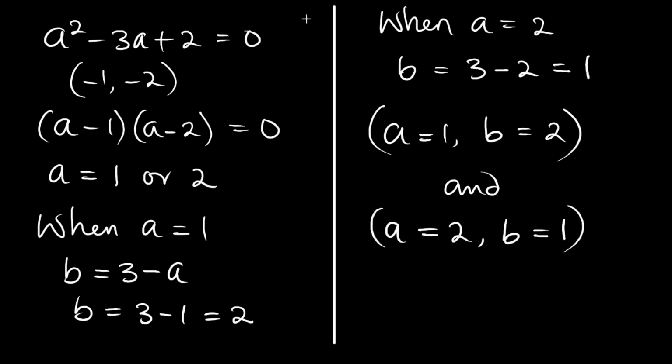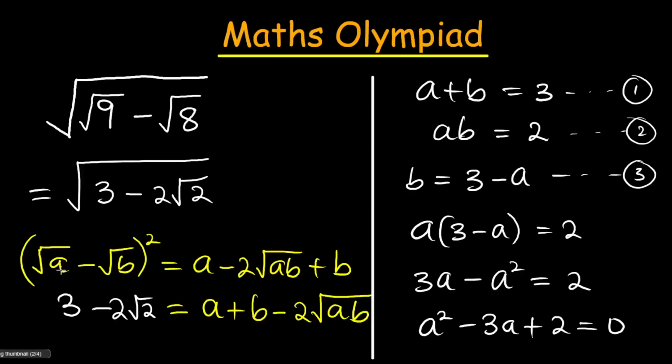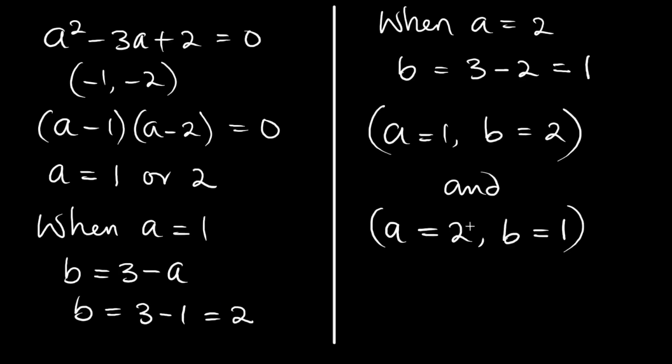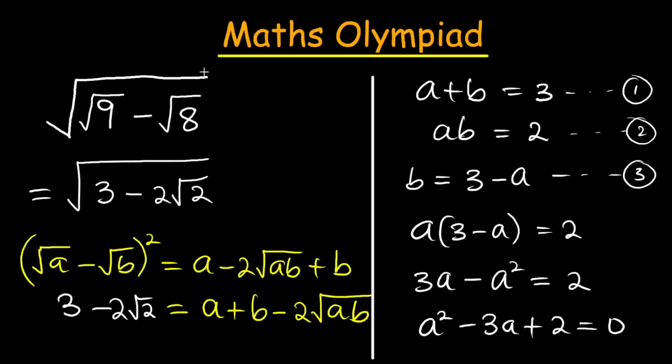Recall, we are going to substitute the values of a and b into this square. So what is the true set of answers we are going to use? Most of the time when we are dealing with square roots of numbers, the answer is always in the modulus form, meaning that the answer is going to be positive. Just in case the answer is negative, you should know what to do.